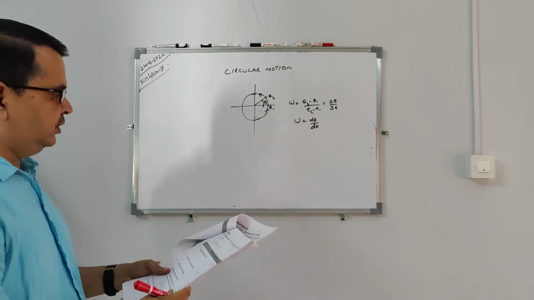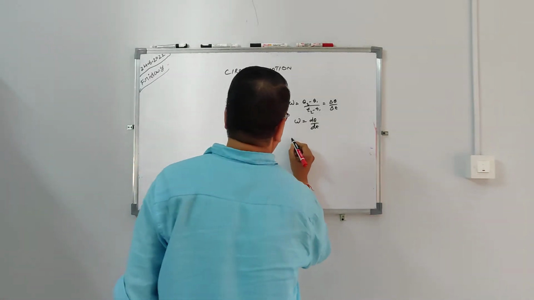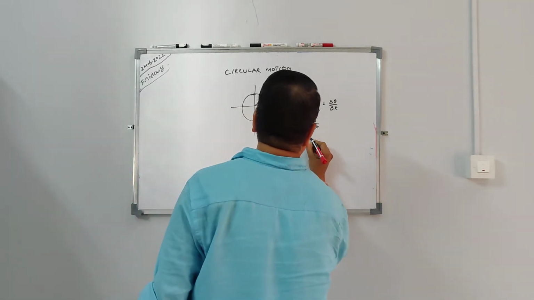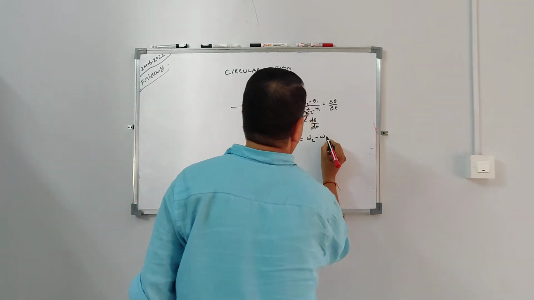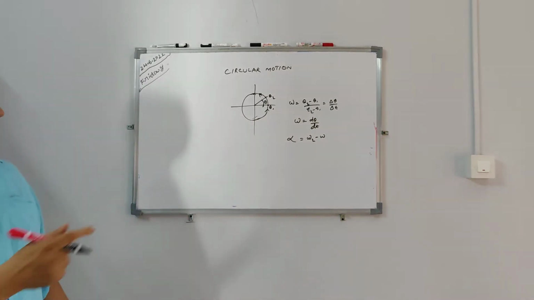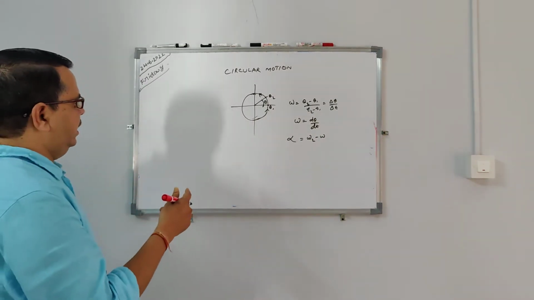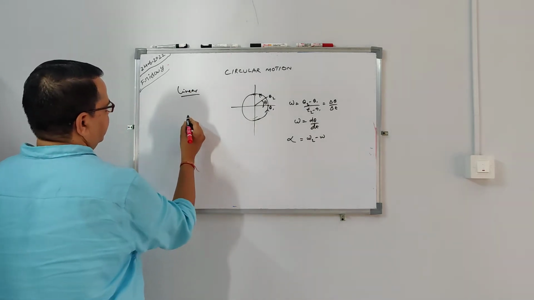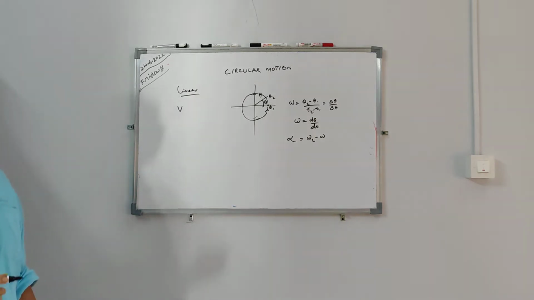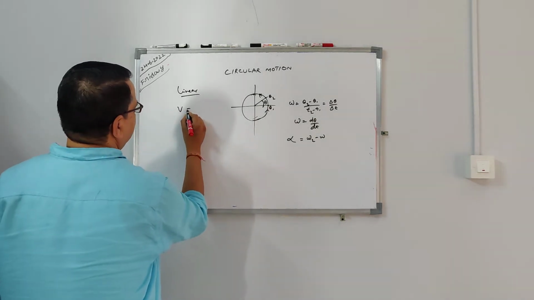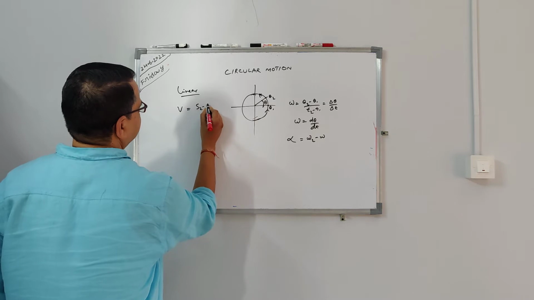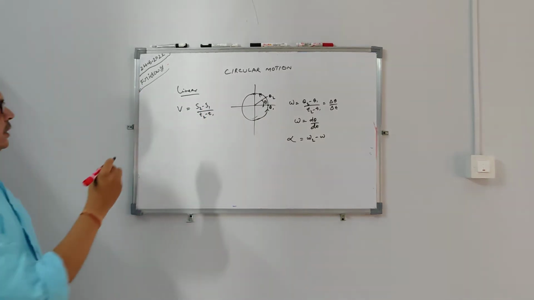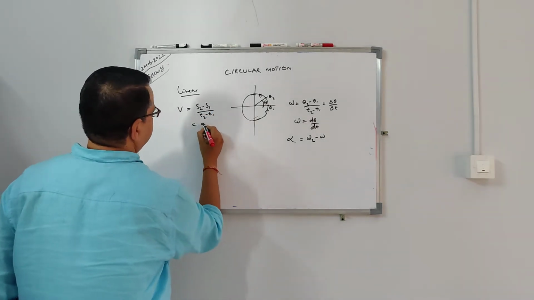Similarly, acceleration is written as alpha. We write it as omega 2 minus omega 1 divided by t2 minus t1. This is angular acceleration. In linear motion, the velocity v is your distance s2 minus s1 divided by t2 minus t1, that is ds by dt.